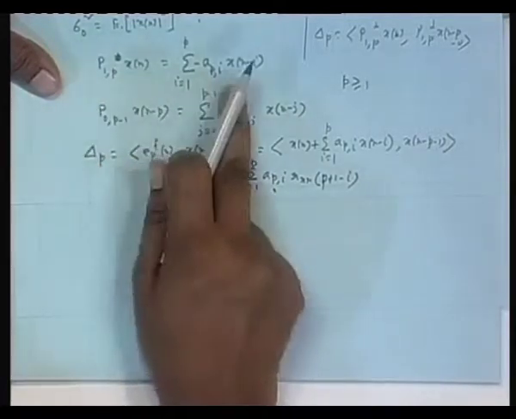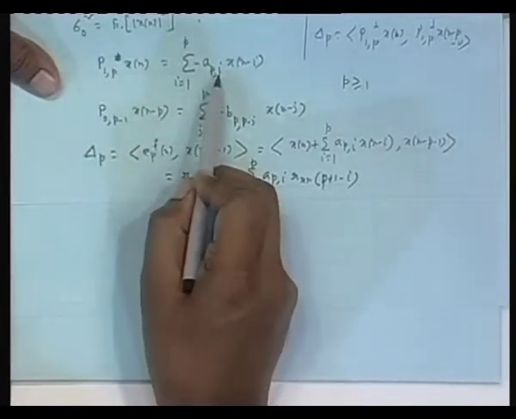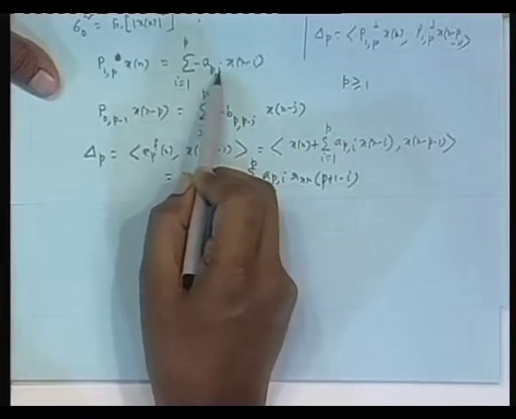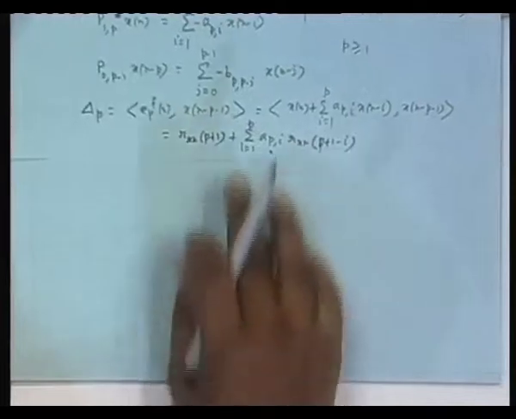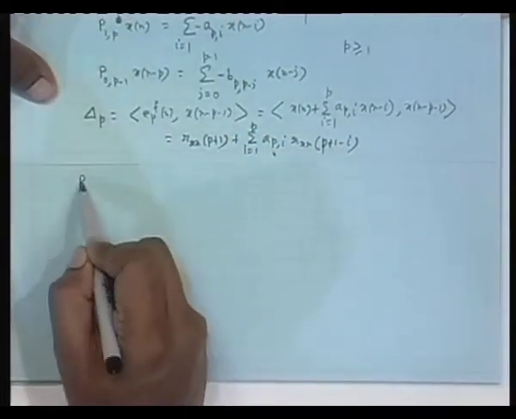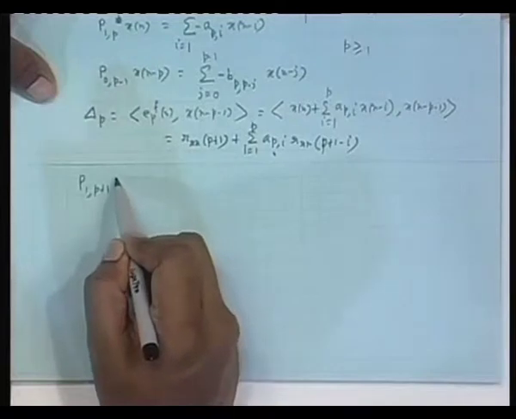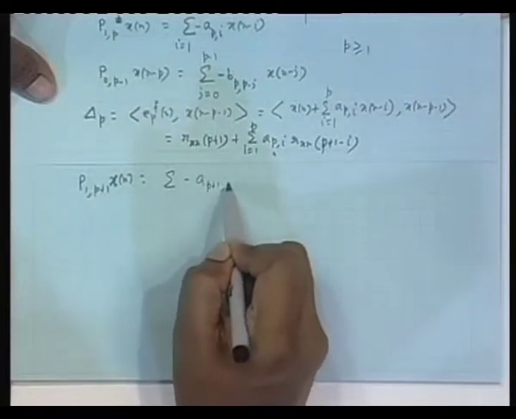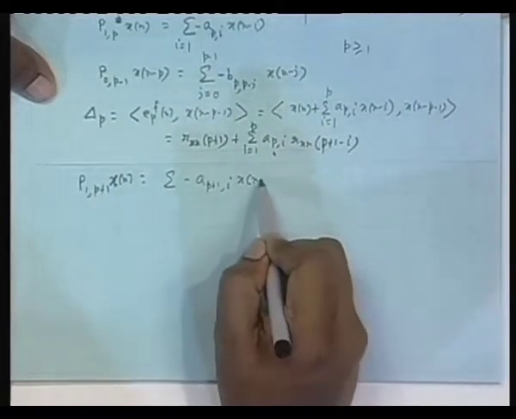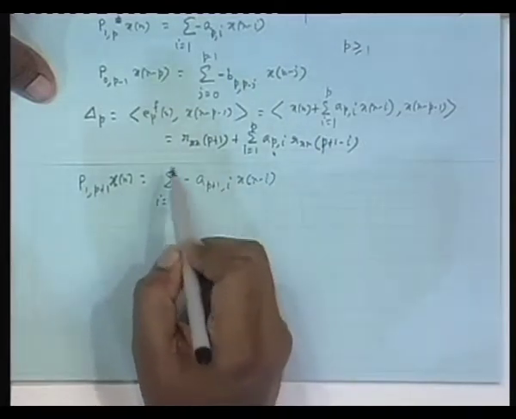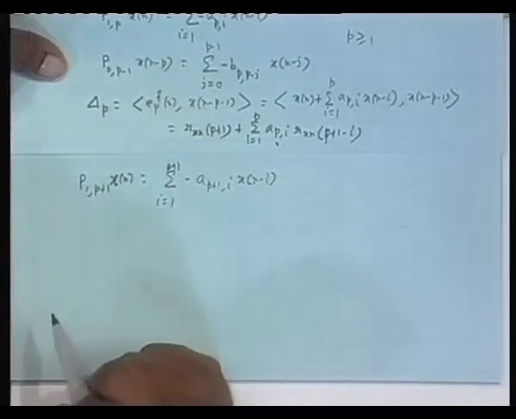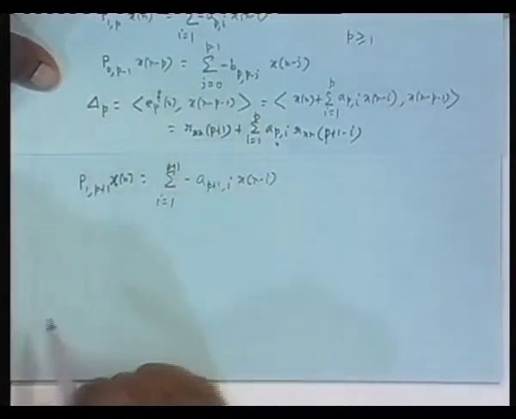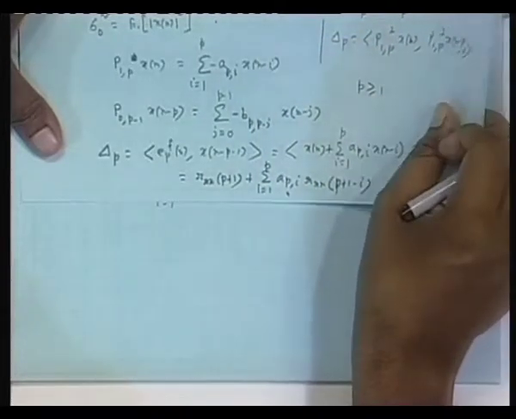Now, how to do that? I want to find out the same coefficients for p plus 1th order, that is minus a_p plus 1 comma i, i going from 1 to p plus 1 now. I want to find out these coefficients using the given ones and other parameters K_p and whatever is available with me up to pth stage.